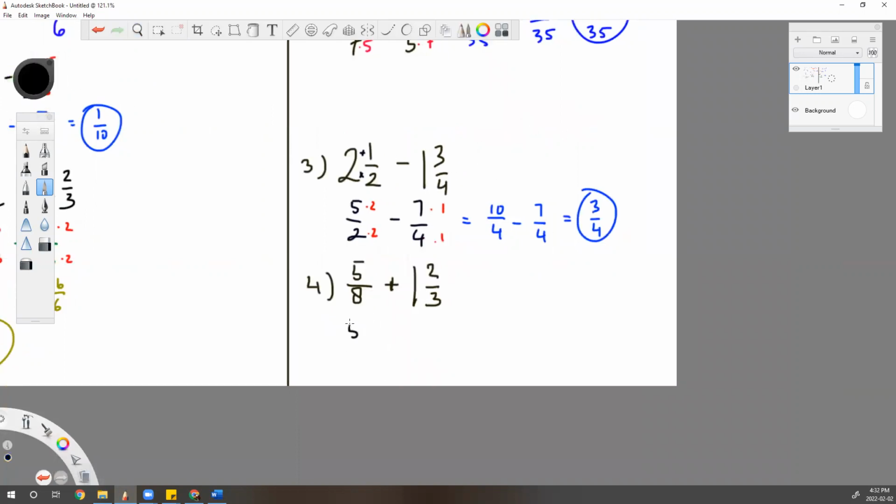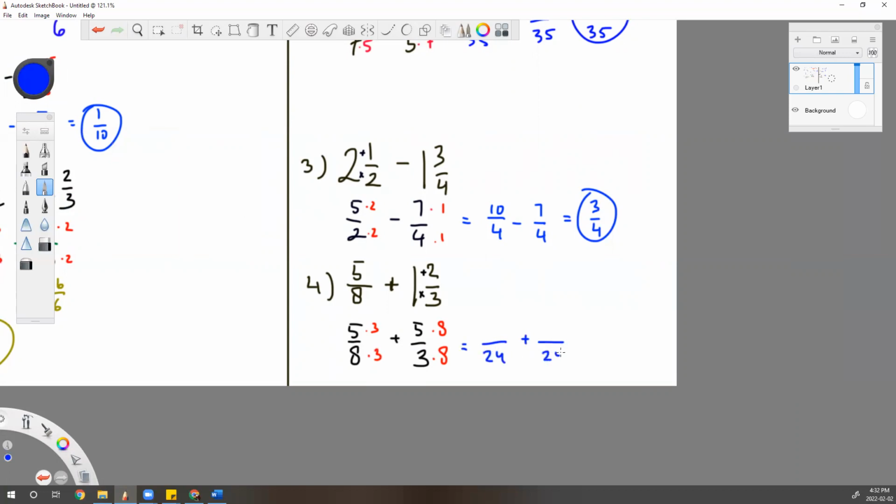Now question number 4. 5 over 8, let it be, because you don't have to do anything. But this one, 3 times 1, 3 plus 2, is 5 over 3. Make the denominator equal, as usual. 8 and 3. I cannot think of any number, so just multiply by the opposite, times 3 and times 8. You have to do it fast and detailed.